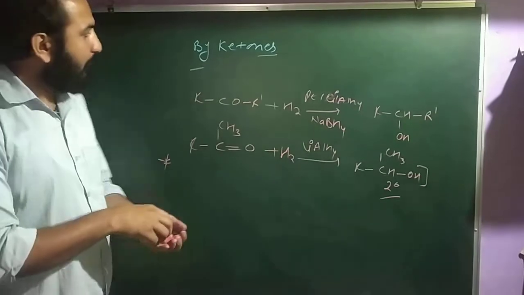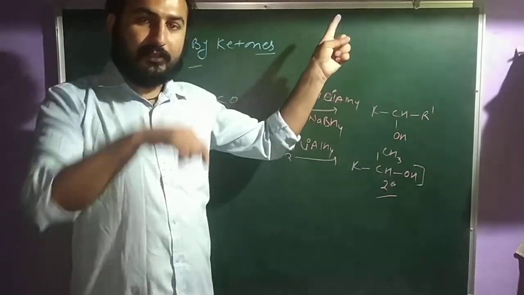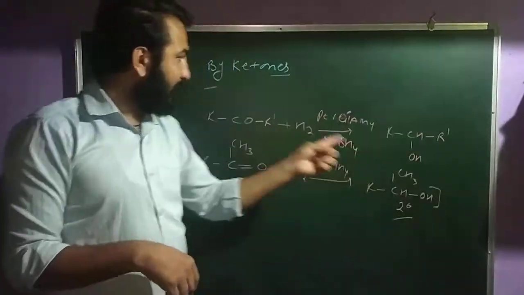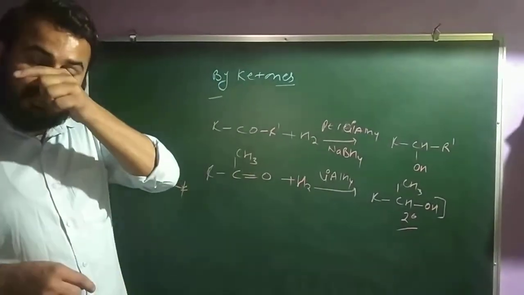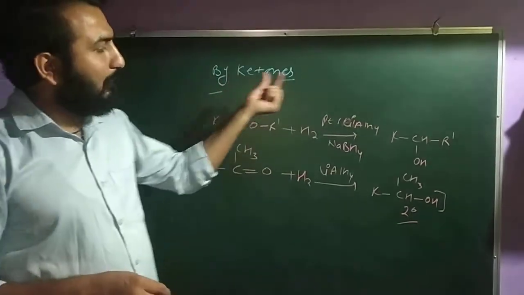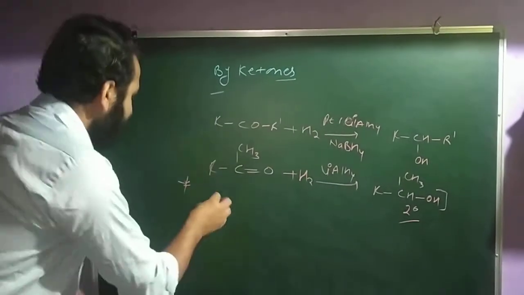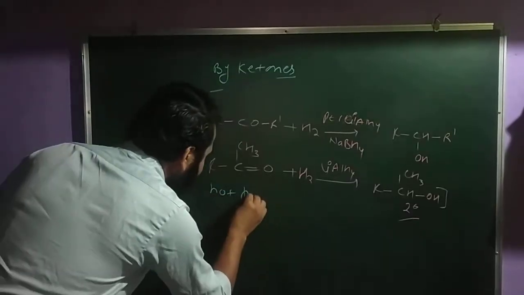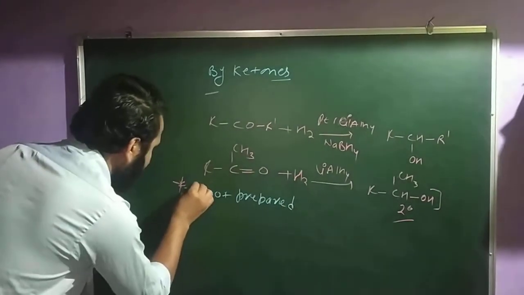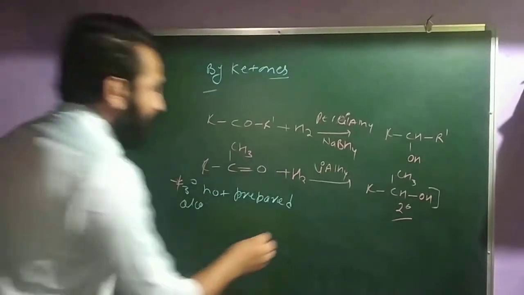The thing is the third degree alcohol. You are getting the 1 degree alcohol from the reduction of aldehyde, and the second degree alcohol by the reduction of ketone. But what about the third degree? The third degree alcohol is not prepared by the reduction of carbonyl compound.